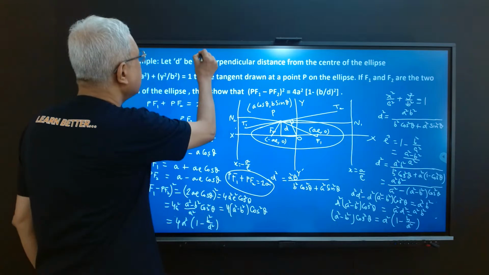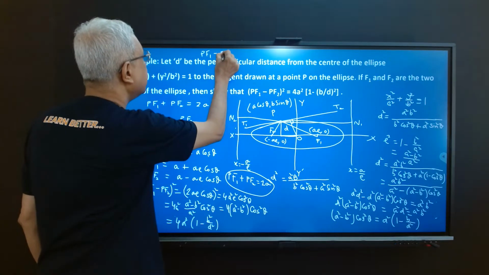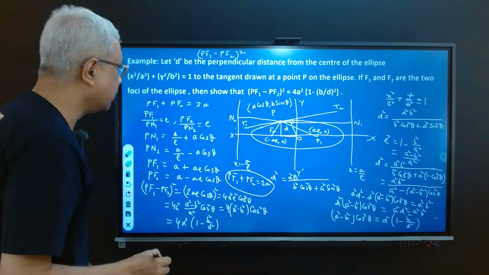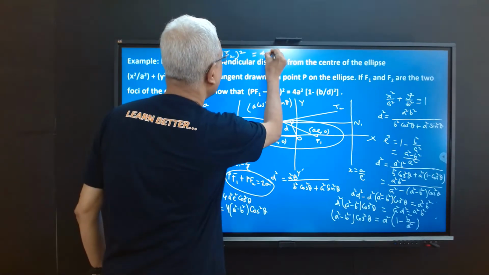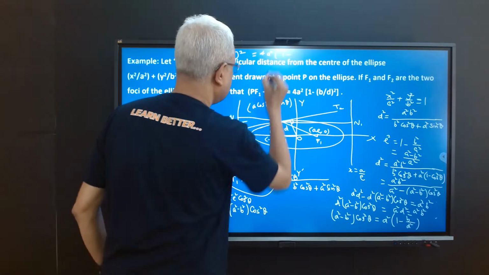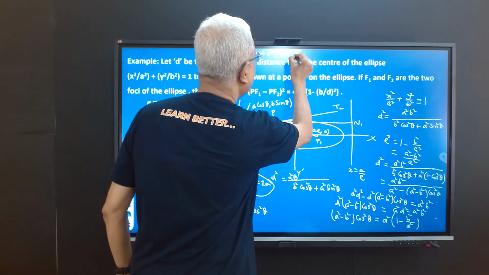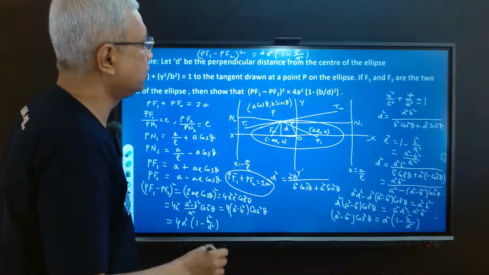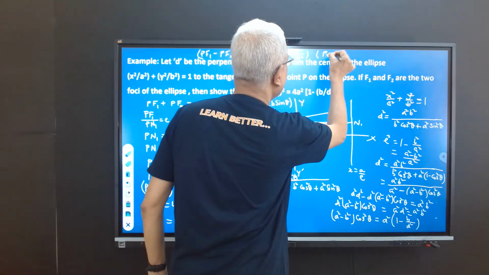So (Pf1 minus Pf2) whole square is equal to 4a square (1 minus b square by b square). So this is the equation we are supposed to get. So this is good.